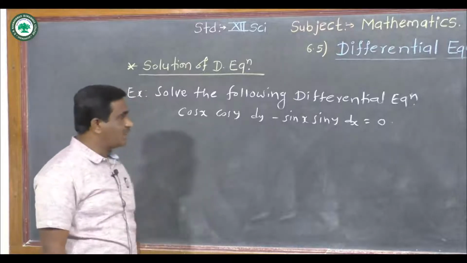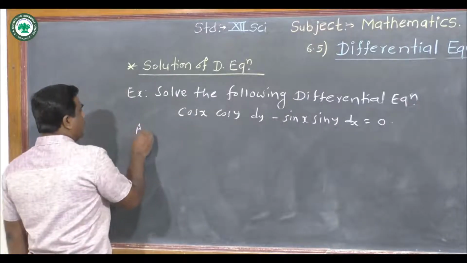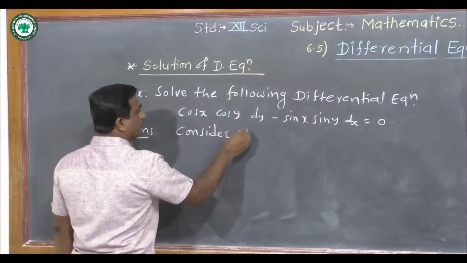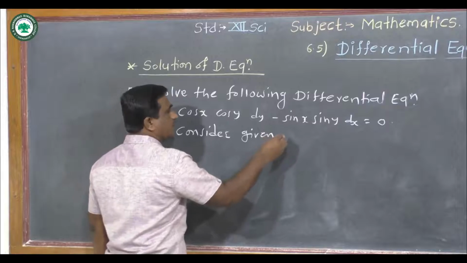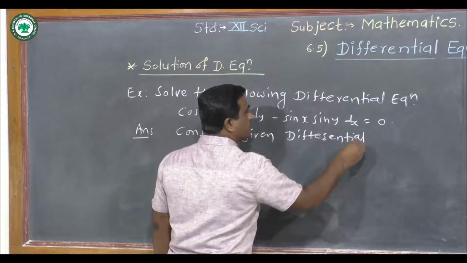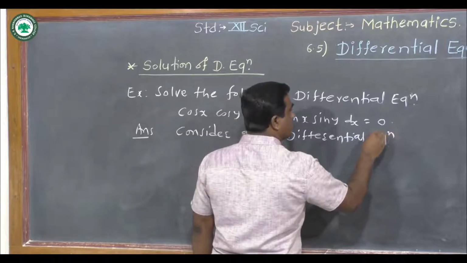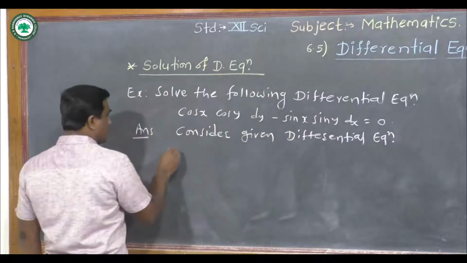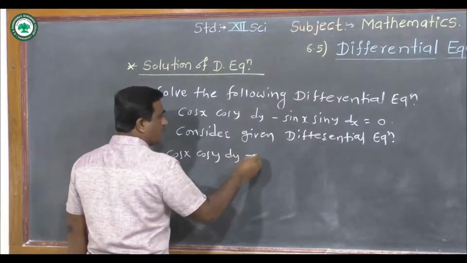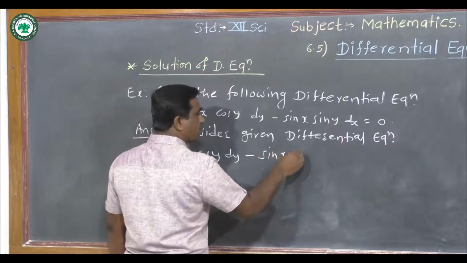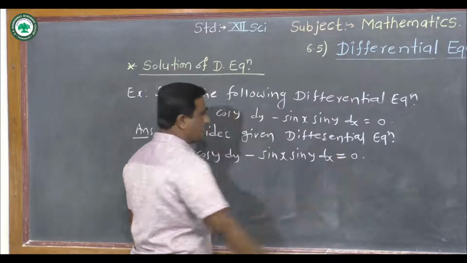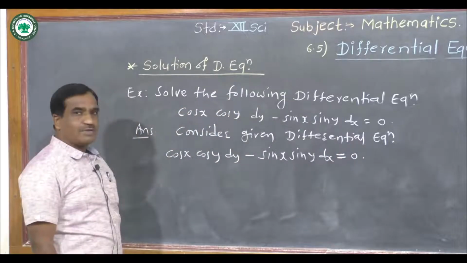Now the answer for this example. Consider the given differential equation, which is cos x into cos y into dy minus sin x into sin y into dx equal to 0. Now we have to write this in variable separable form.